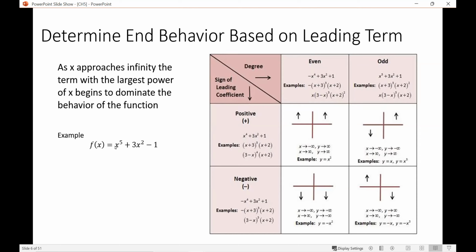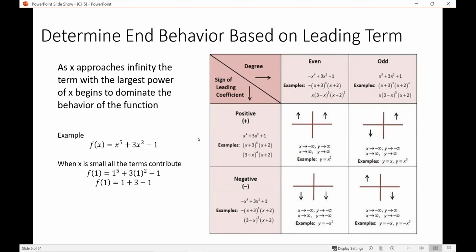So as x goes to positive infinity, y will also go to positive infinity, meaning we're going to go off to the top right. And as x goes towards negative infinity, y will also go to negative infinity.